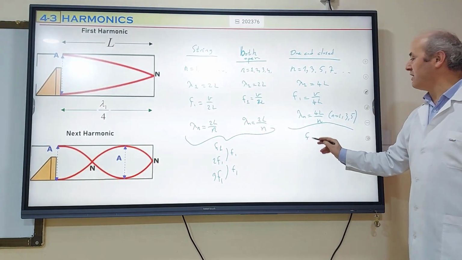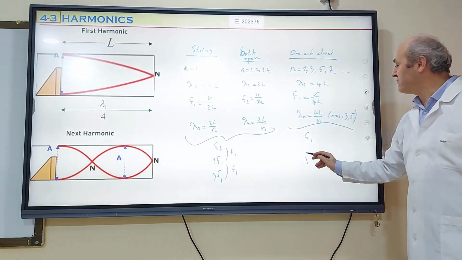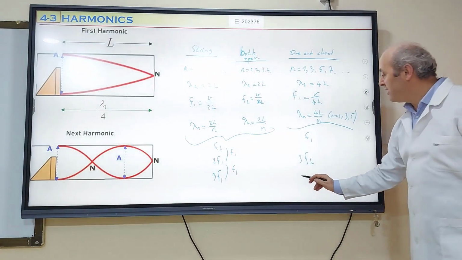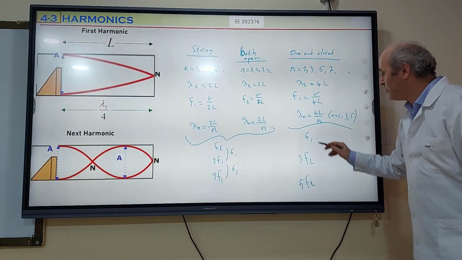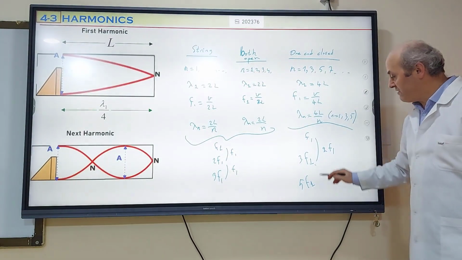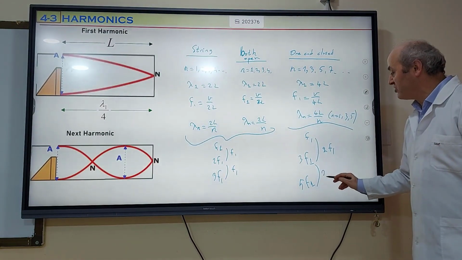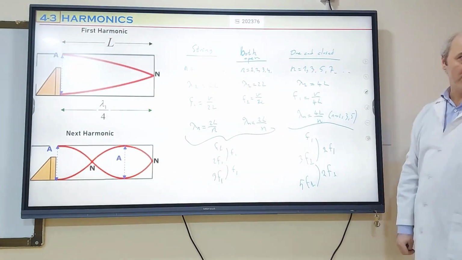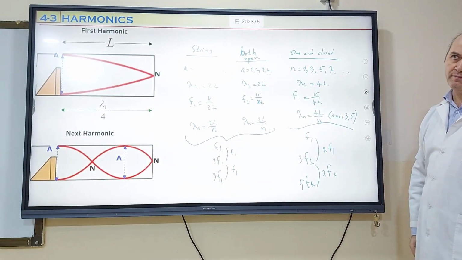First harmonic F1, next harmonic not F2 but F3, which is 3 times F1. Next harmonic, 5 times F1. So what's the separation between them? Twice the fundamental frequency. The difference between adjacent harmonics in a one-end closed pipe is twice the fundamental frequency.